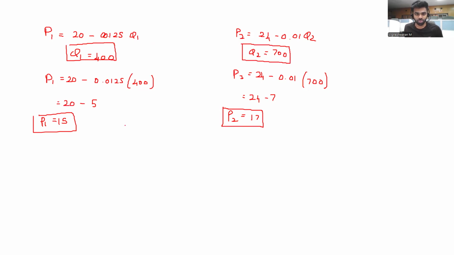Now we have to find the profits, right? So we all know the profit formula is total revenue minus total cost, and total cost is obtained by marginal cost into quantity. So we have to find the marginal cost. So what is MC?